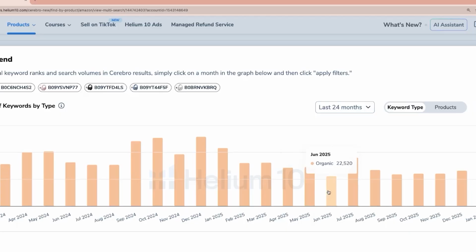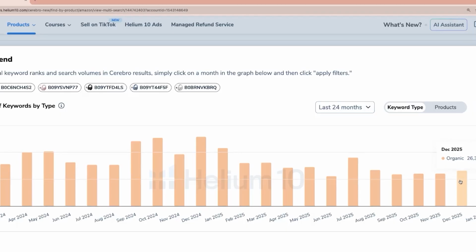So it looks like it kept going down and down until July, which is when we had the July Prime Day. So that probably gave us a nice boost, but then it follows the same pattern. It just keeps going down from 36,000 all the way to 27,000, 23,000, 24,000, 24,000. A little boost in December to 26,000.